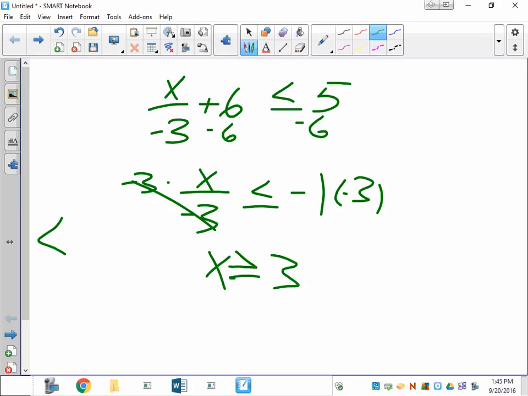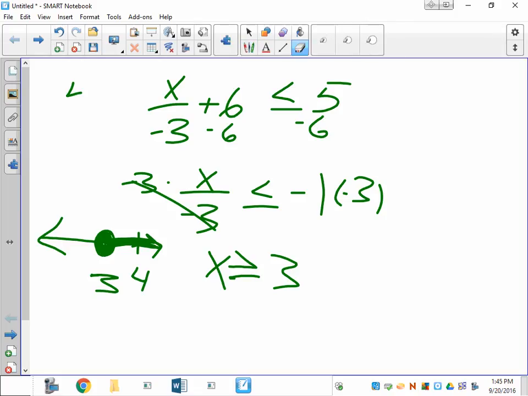So when I draw that, open or close circle? No circle, which way do I shade? Shade to the right. And that is the 3. So let's try 4. 4 should work. 4, well, that's bad. Let's try 9. 9 is easier to see.